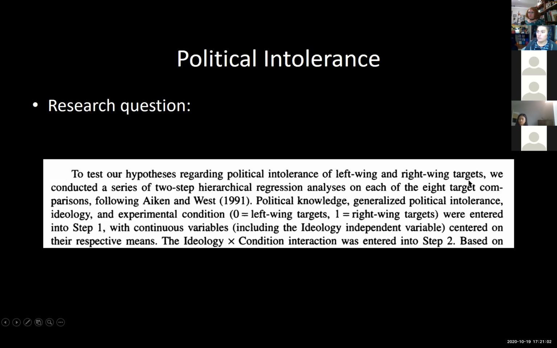Targets are probes that they ask, like passages of text. We conducted a series of two-step hierarchical regression analyses on each of 8 target comparisons. Political knowledge, they had all these different things, and they had experimental condition, left-wing and right-wing targets, and they entered them in step 1. And then they have additional variables that they're entering along with the interaction in step 2.